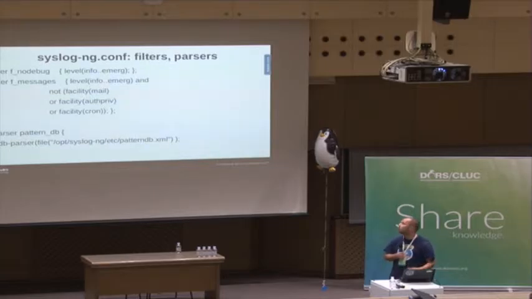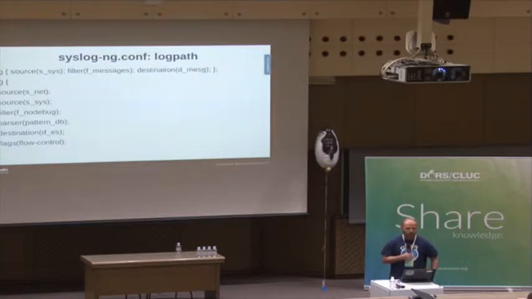You can see in the middle that different filtering functions can be combined using Boolean operators. At the bottom you can see the path for the pattern DB XML file.